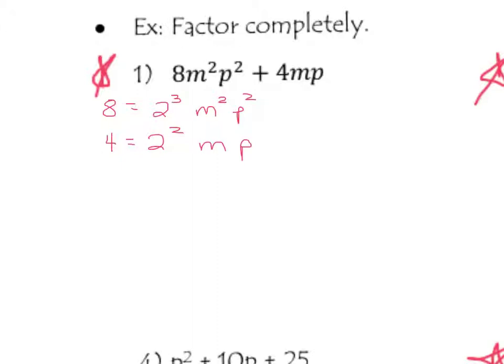Now you circle the ones that have the smallest exponents, so you circle the unique occurrence of each base. For instance, 2 is shown both here and here, and you circle the one with the smallest exponent. Same for M, same for P. What you have left in this case is 4MP, and that's what you're going to use as your greatest common factor.